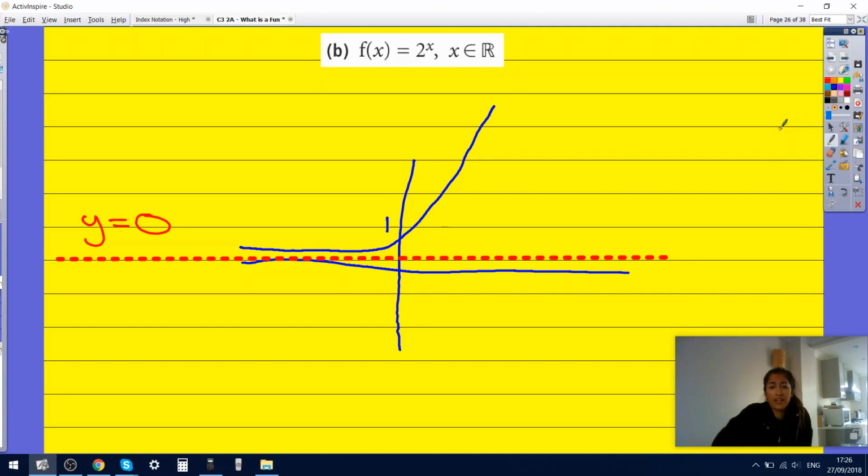How would you work out the equation of the asymptote anyway, if it wasn't y equals 0? Well, if y is equal to a to the x, the asymptote will be y equals 0.